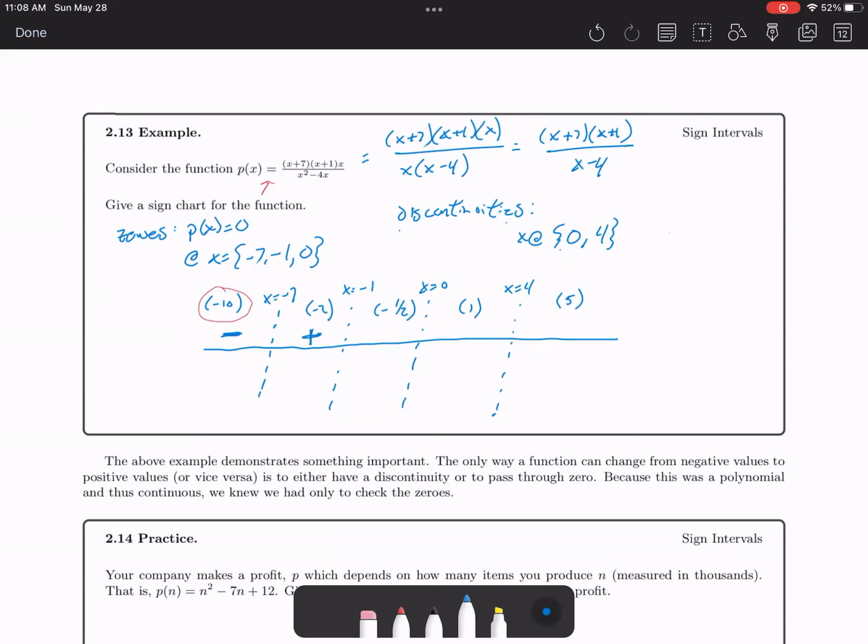The test value of minus 1/2. So that first factor is going to be positive. Minus 1/2 plus 1 is positive. Minus 1/2 minus 4 is negative. So in total, I get a negative answer right there. When I plug in a 1, I get a positive times a positive over a negative. I get a negative answer there as well.